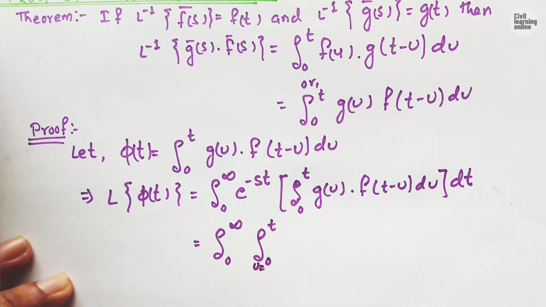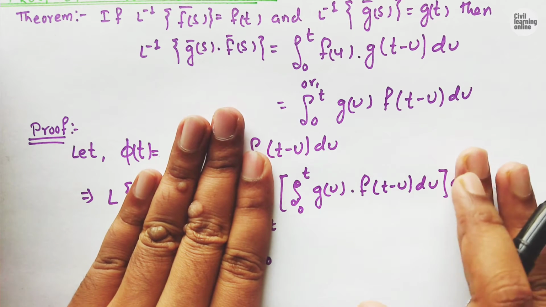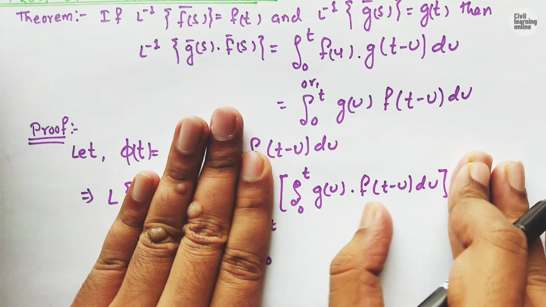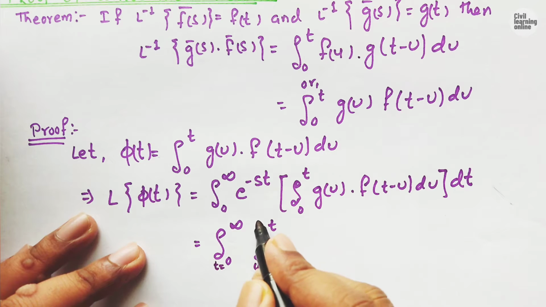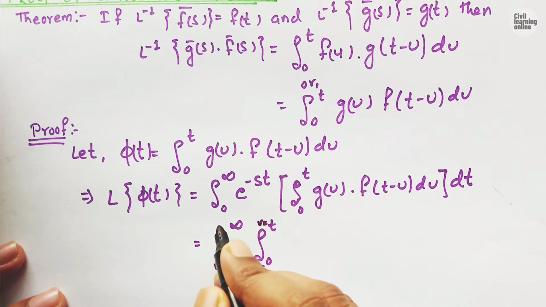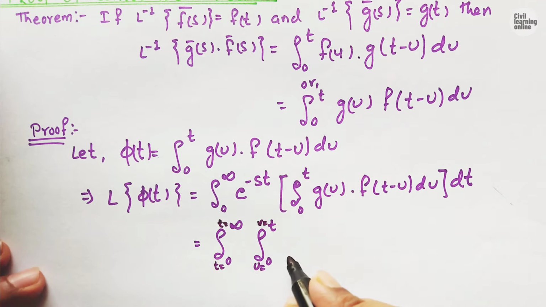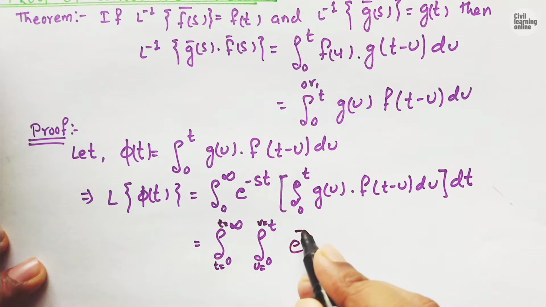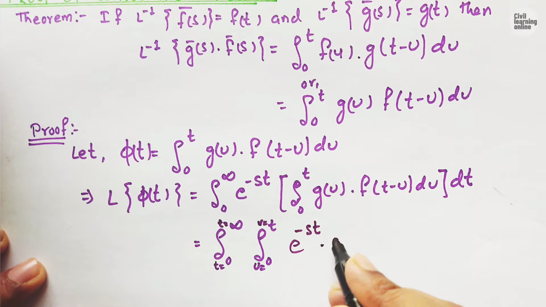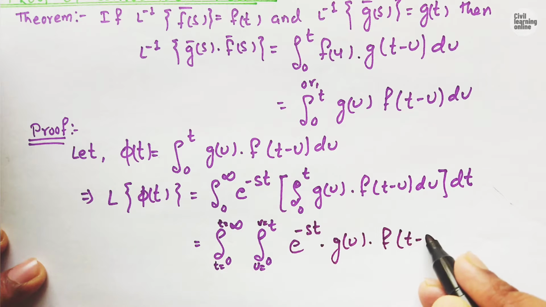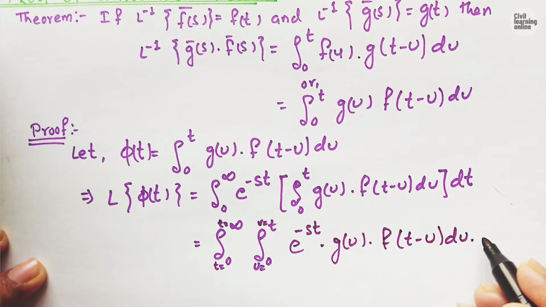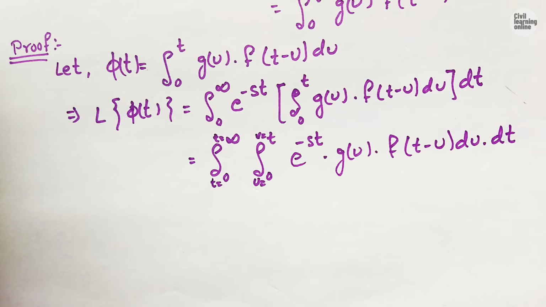This integration is for the function variable u, so u equals 0 to u equals t, and t equals 0 to t equals infinity. Now we rewrite it as e to the power minus st times g u times f t minus u du dt.